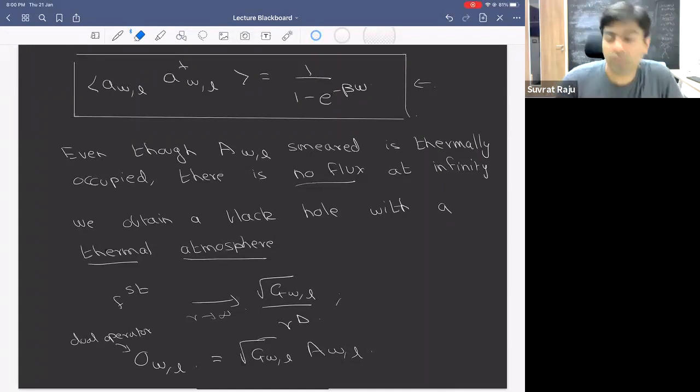So in these two lectures, we did a lot of work before, in the first three lectures, in defining these near horizon modes and in working out the expansion of the field near the horizon.